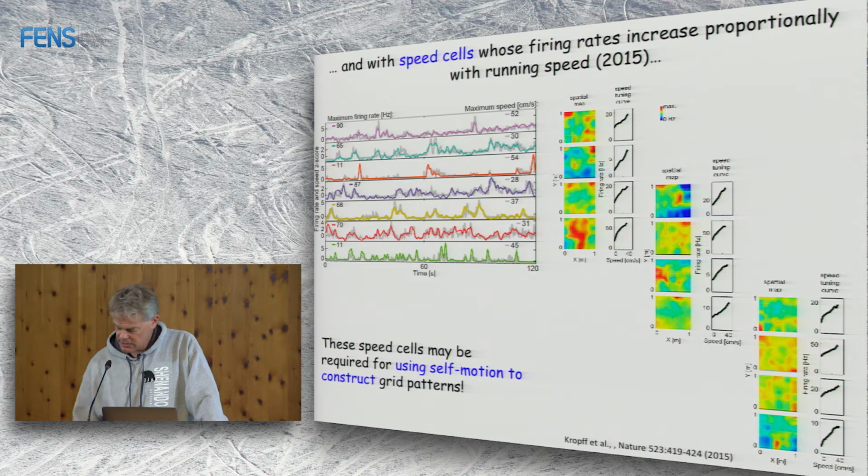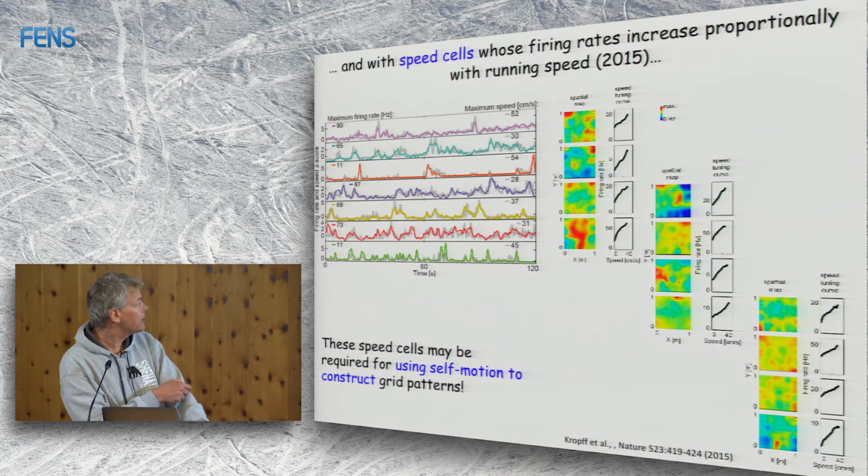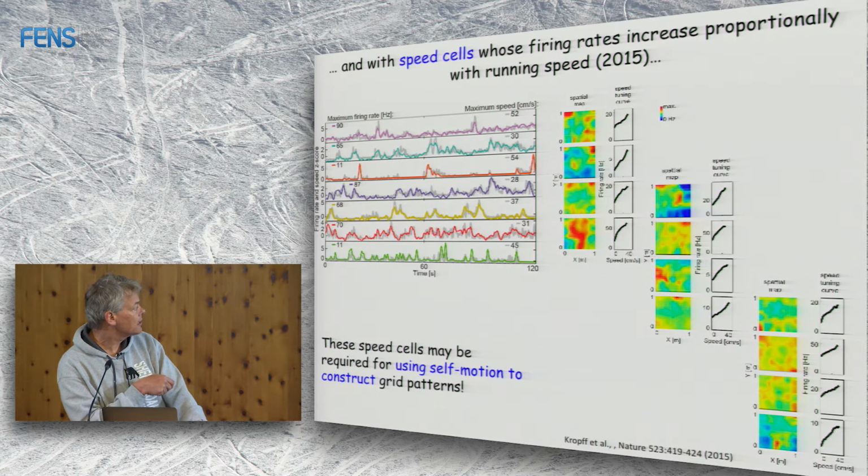Finally, there are 2 more. So speed cells are cells that are mostly interneurons, but not exclusively. They have a firing rate that's shown here to correspond very much to the speed of the animal. So this is a rat running over 2 minutes, 120 seconds. Gray is the speed of the animal, and then color is for 7 different cells.